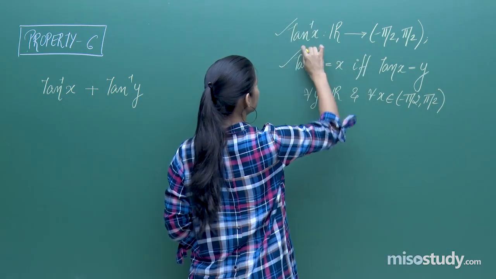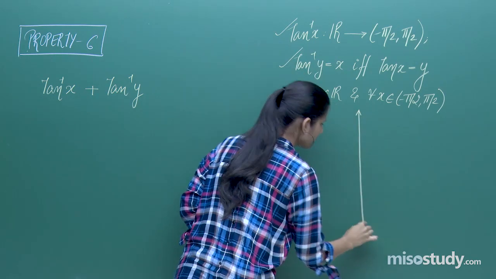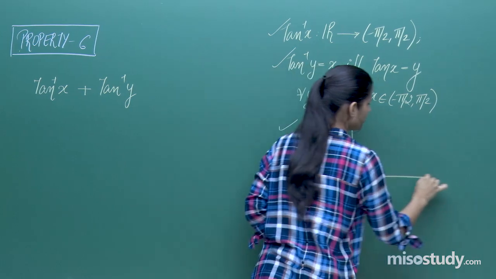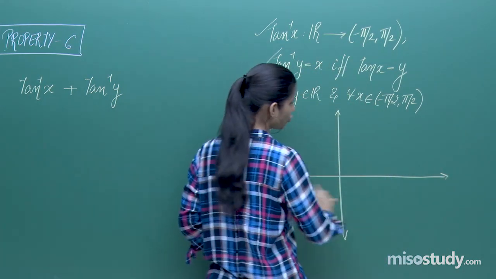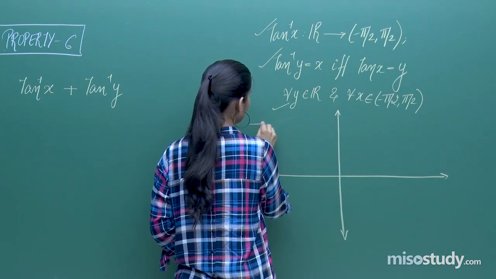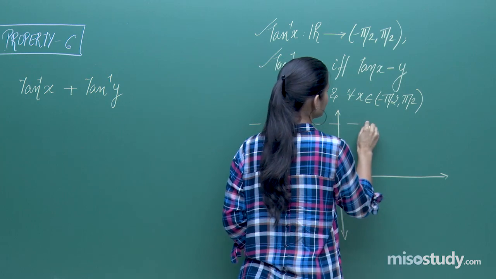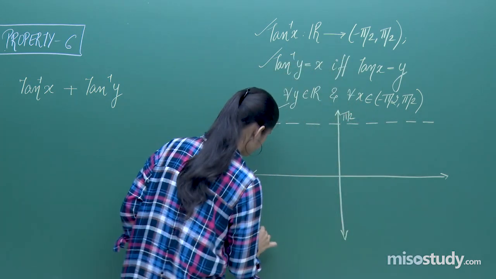First thing, second thing, and the third thing is about the graph. What about the graph of the tan inverse function? Tan inverse has domain as the collection of all reals and it has range as the open interval minus pi by 2, pi by 2, so this is pi by 2.